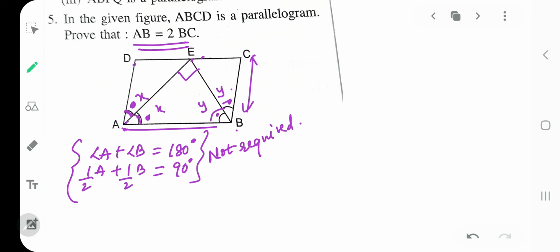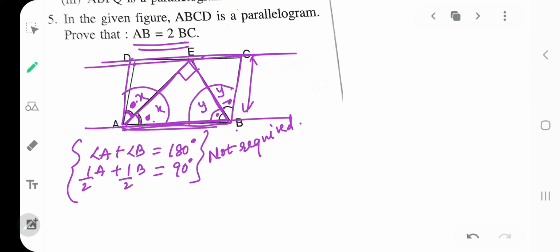Now, my dear kids, as we have been given that DAE is equal to EAB, and here it is given CBE is equal to EBA. If I take x, both of these are x, and both of these are y. Do you know that this line DC is parallel to AB?